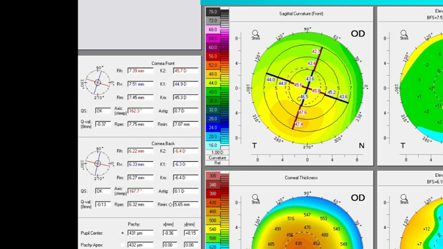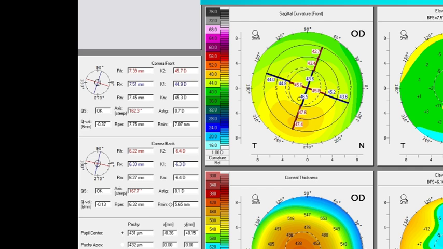Case number 3. Okay, we have this patient. It seems that this is keratoconus suspect, because the posterior elevation is normal.